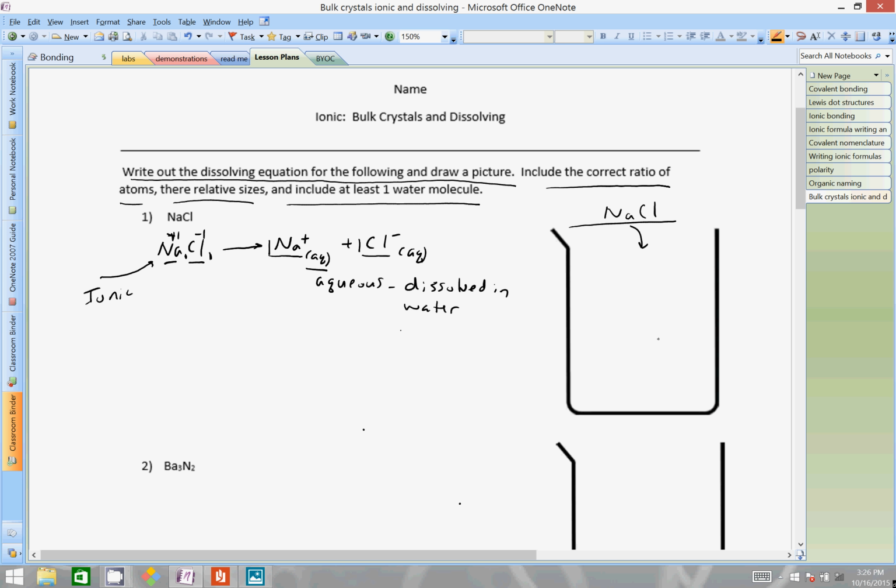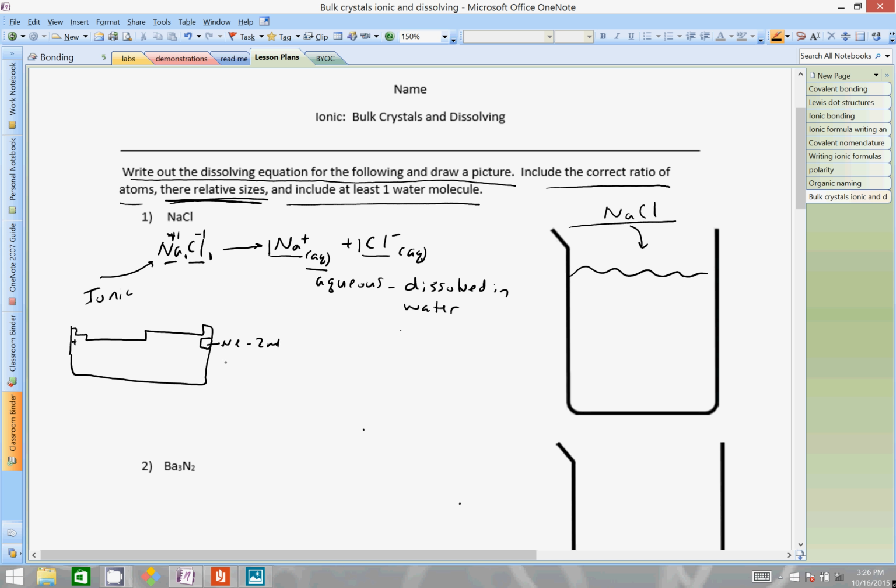Alright, next up it says the relative size. Well, if you look on the periodic table, and this is from the last chapter, find them on the periodic table. Na is located right here, and as it loses its electron, it becomes isoelectric with neon, which is in the second row, so it has 2 energy levels.